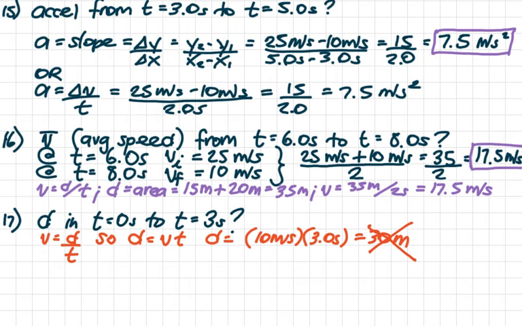The reason why is because this 10 meters per second right here, it's not 10 meters per second the entire time. It's 10 meters per second from 1 to 3 seconds, or from B to C, but from A to B, or 0 to 1 second, it starts at 0 meters per second and winds up at 10.